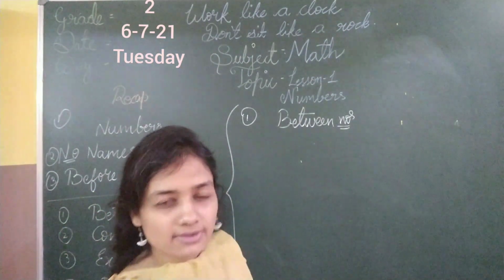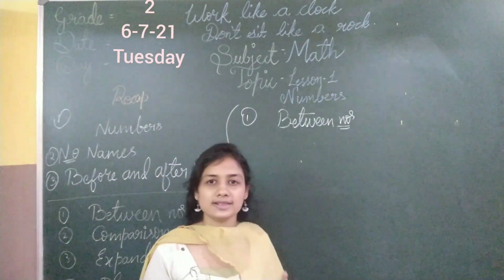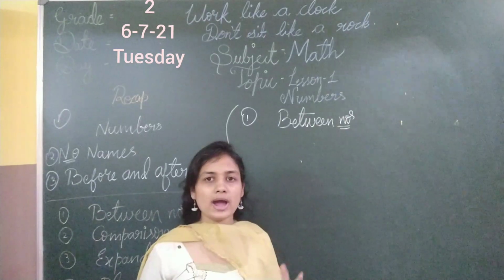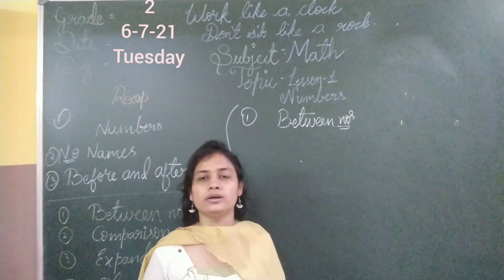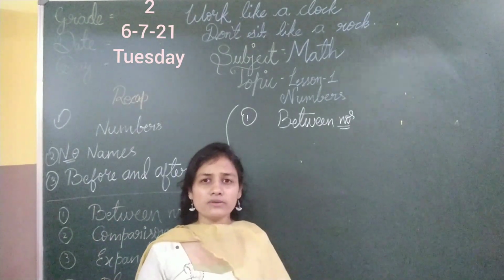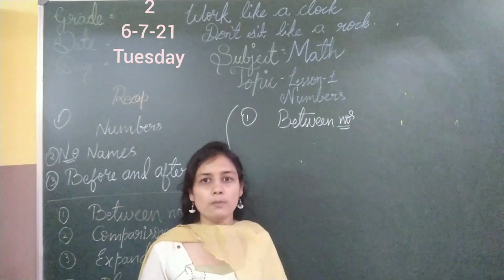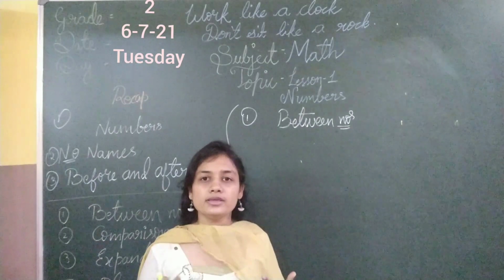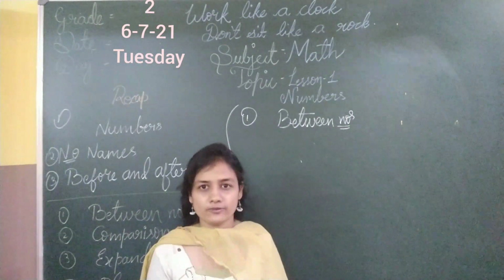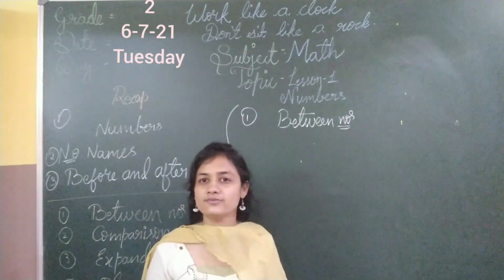Before going to the three symbols, I'll just say a small fact. Example, you have a crocodile in a pond and the crocodile is too hungry. When you are very hungry, you like to eat more, right? Even the crocodile is very hungry and it wants to eat more fishes as its food.